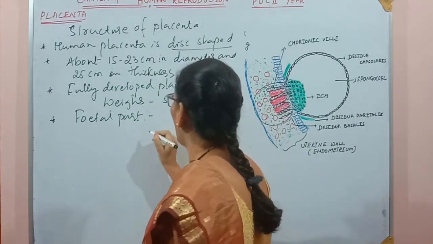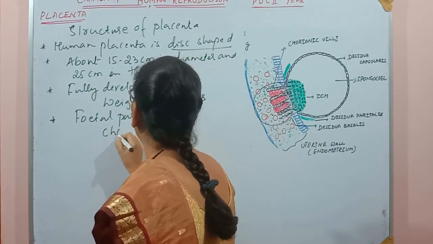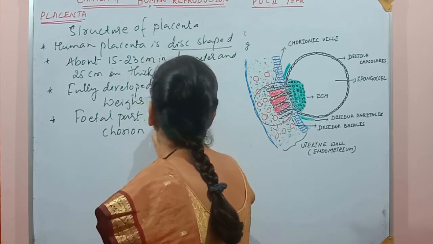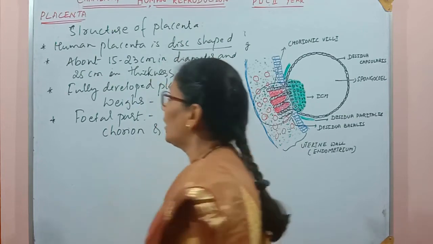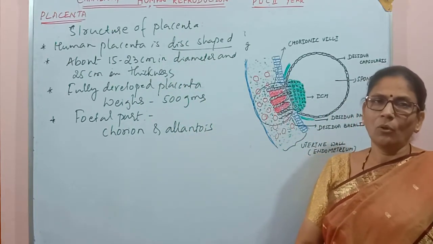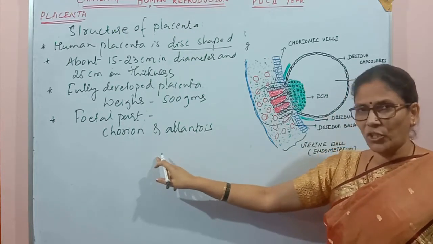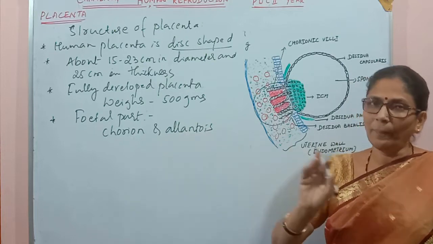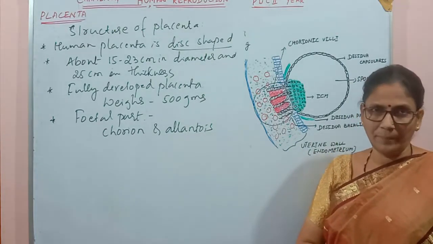It is made by two membranes, chorion and allantois. These are the two extra-embryonic membranes of the fetus, and they associate and form a membrane called the chorionic allantois membrane.